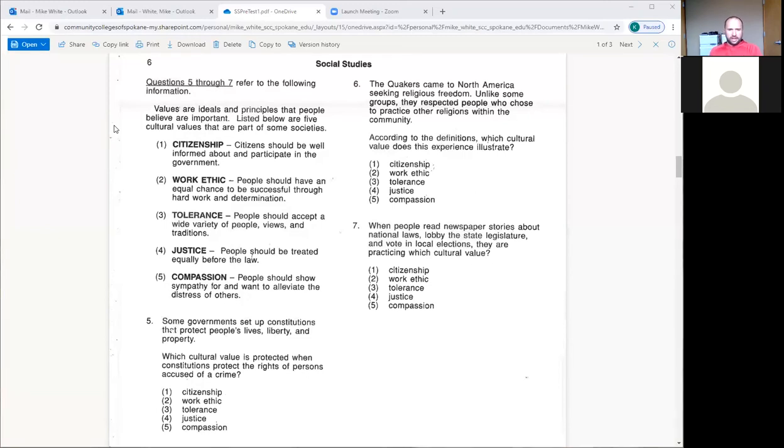The question is talking about the Constitution protecting the rights of people accused of a crime. So does that seem to fit citizenship, work ethic, tolerance, or justice? If somebody wants to be bold and try to answer in the chat, go for it. If not, I'll give it out here in just a second.